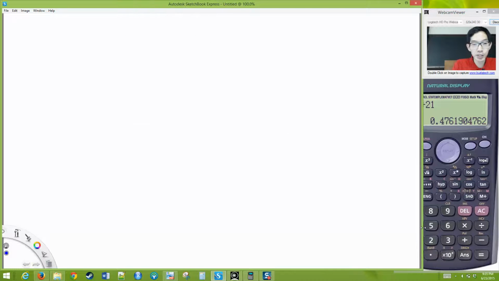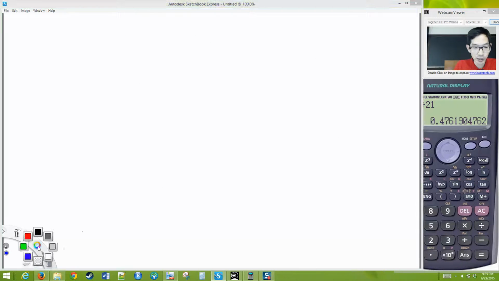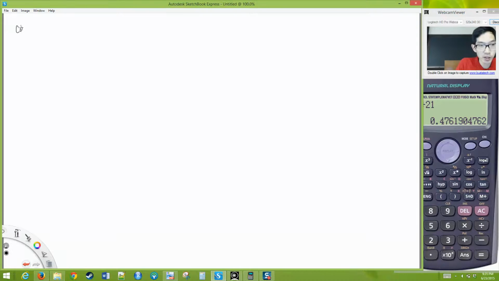So contrast the observational study to a controlled experiment. Okay? In a controlled experiment, we try to control as many aspects of variation as possible.